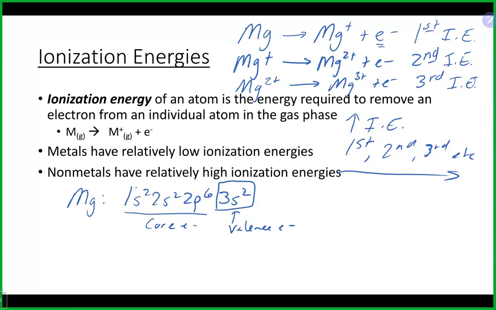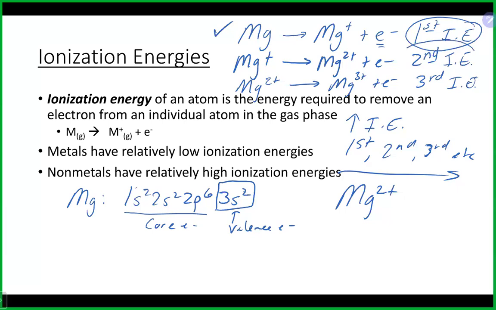All right, so when we take a look at this, it has 2 valence electrons, and the rest are core electrons. So what happens is magnesium, because it's group 2, will only form a +2 charge. The reason for that is we could take off the first electron because it's a valence electron. It's going to cost some energy to do so, not too bad, so that's going to happen.